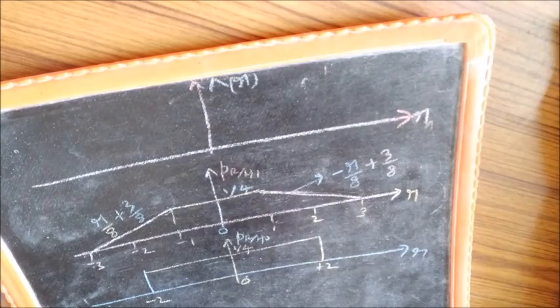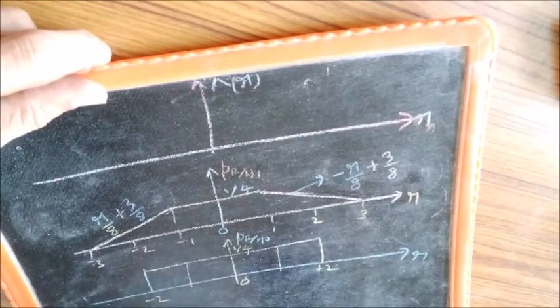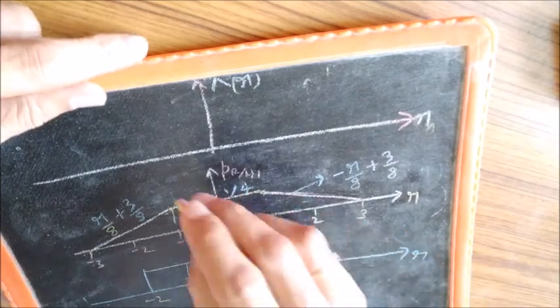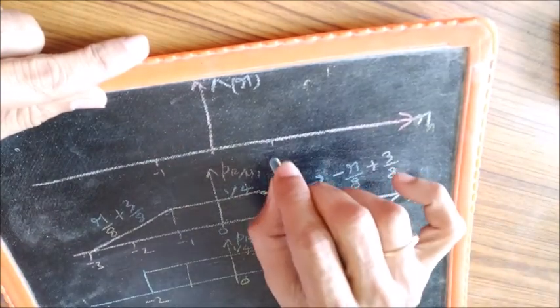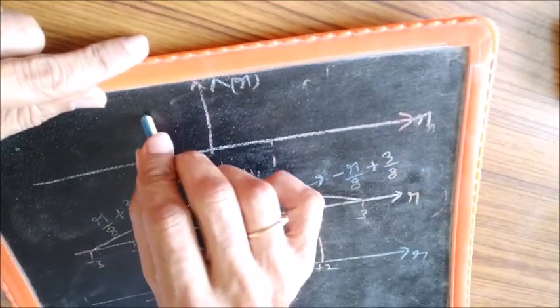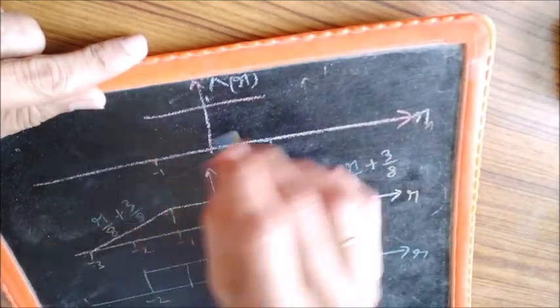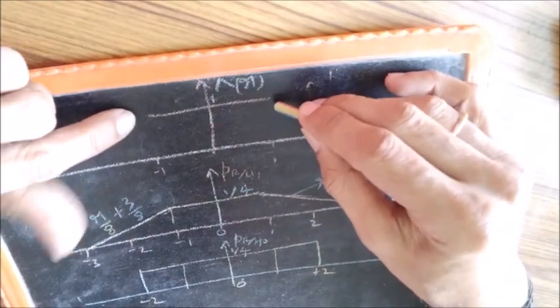For R from minus 1 to plus 1, PRH1 by PRH0 is 1, because it's 1 by 4 divided by 1 by 4. So from minus 1 to 1, it is 1.